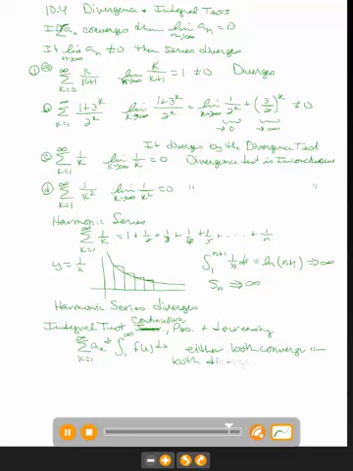What it means is if I work out the integral and I get an answer, that means it converges, so that the summation also converges.